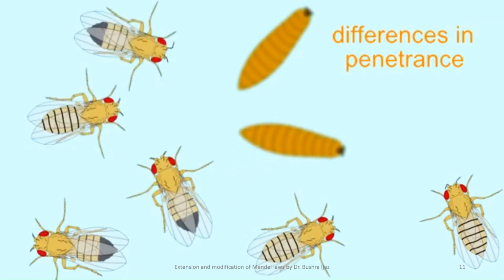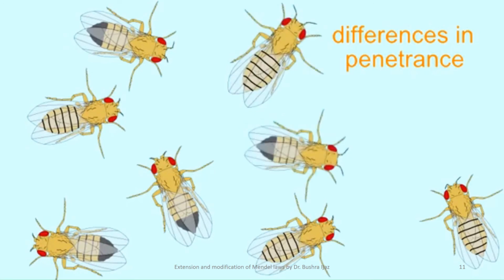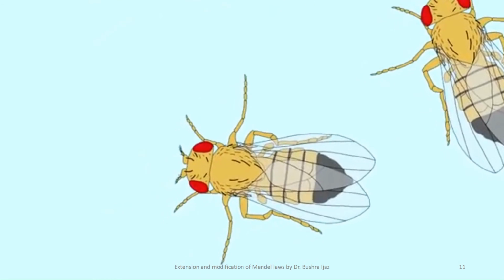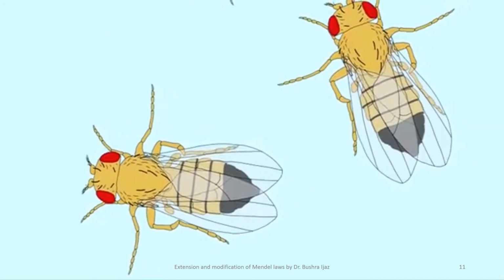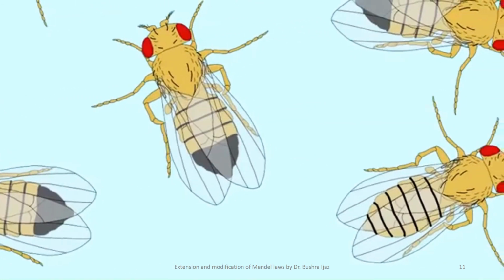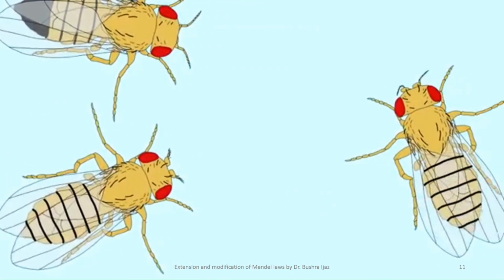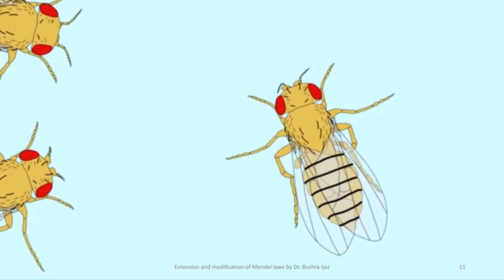The size of the legs and the degree of malformation of the antennae of those mutant flies can vary. One fly can be different from the next. And so, while they all share the same mutation, the overall phenotype can vary. So the expressivity can vary.